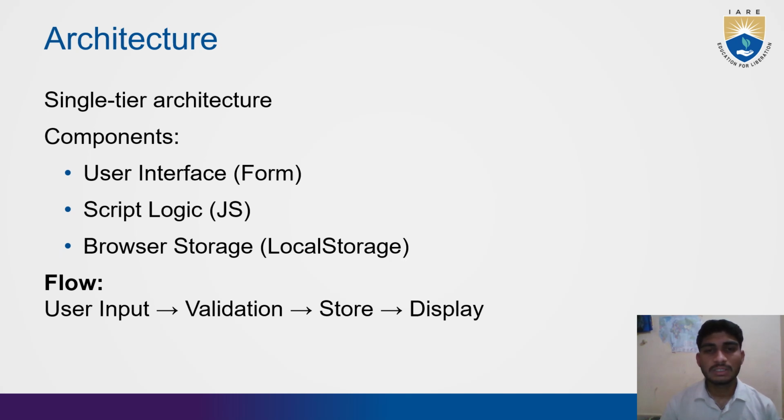Script logic means the logic we build using JavaScript, and browser storage, where data is stored temporarily in local storage. The flow: the user gives input, it is validated on the web page, it is stored in the local storage, and it is displayed to the user.